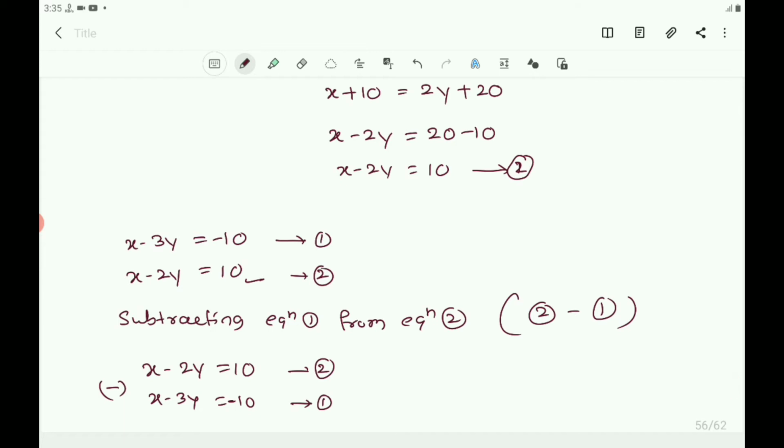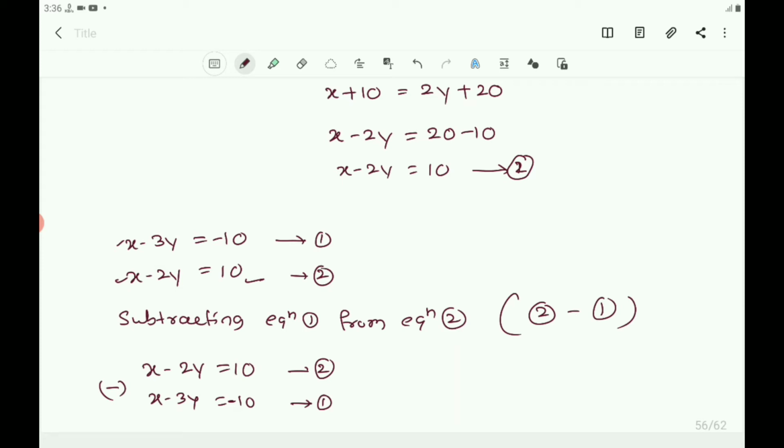Why? In both the equations, x has the same coefficient and the same sign, that is plus sign. You know that when the coefficients are the same with the same sign, we have to subtract one equation from the other equation.